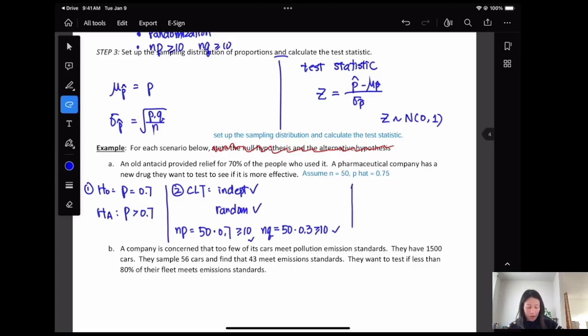Okay, next is p hat. P hat is the result that we got from our test. So let's set up the distribution of proportion.